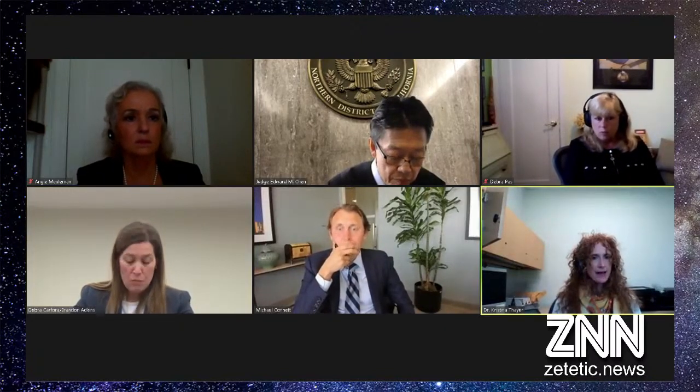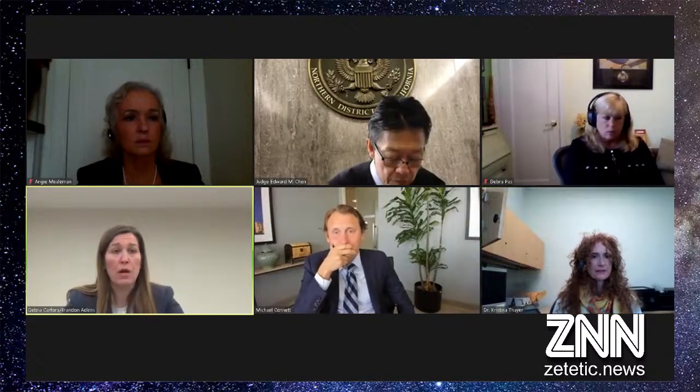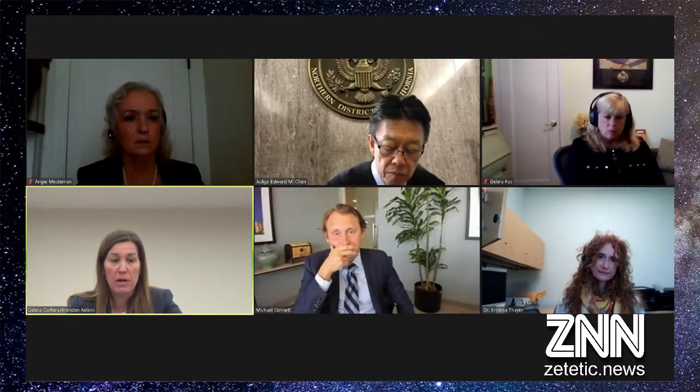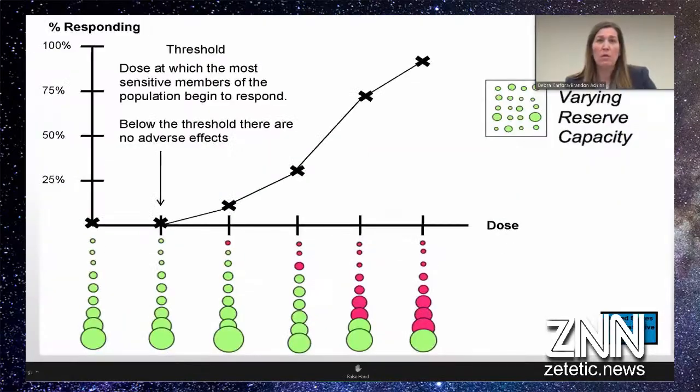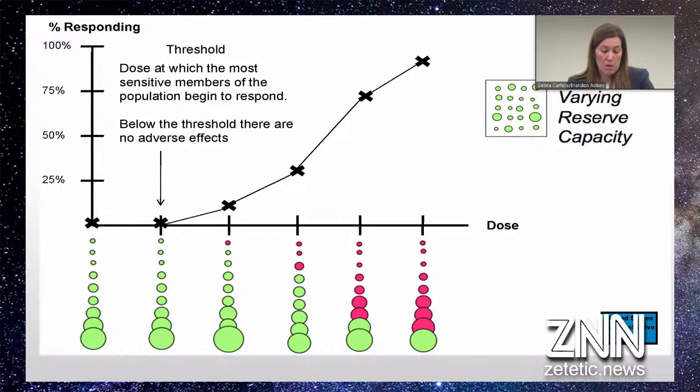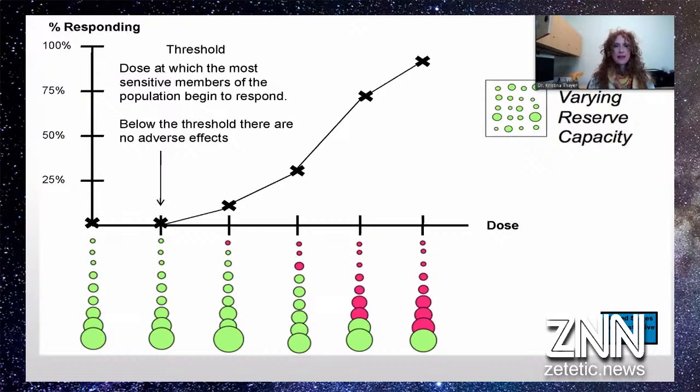I think we have a schematic for this. Sure. Mr. Hambrick, can you bring up US demonstrative number 27? So there would be an analysis of the zone in the dose response that is around where we think a threshold is happening, for the purpose of identifying a point of departure.